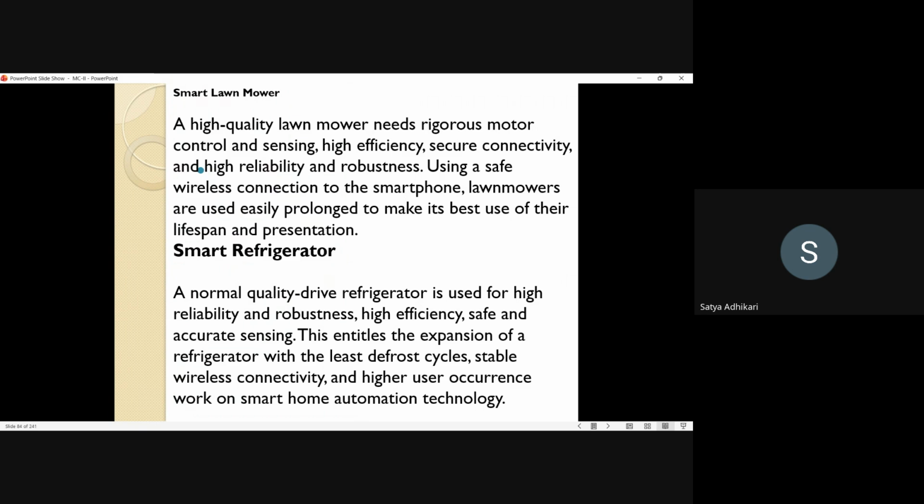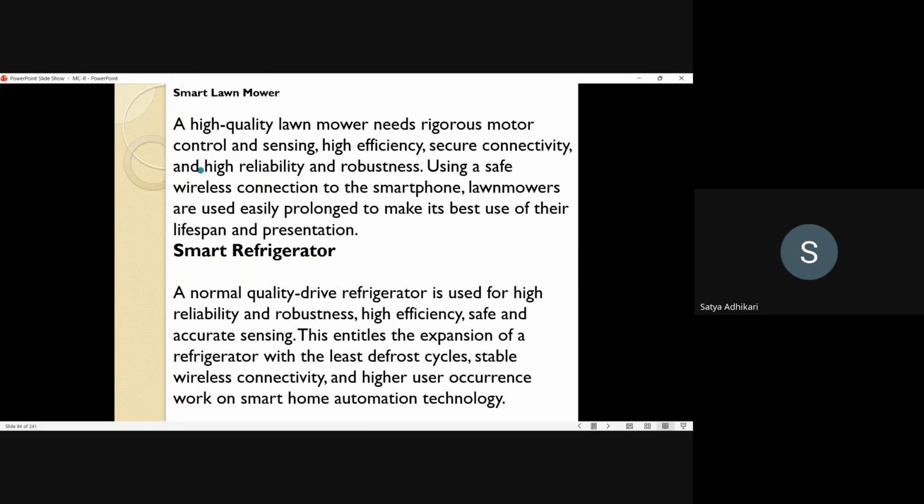A high quality lawn mower needs rigorous motor control and sensing, high efficiency, secure connectivity, and high reliability and robustness. You use your mobile phone or any remote controller to operate the lawn mower, using a safe wireless connection to the smartphone. So using your smartphone or any other communication device, you can operate a lawn mower.